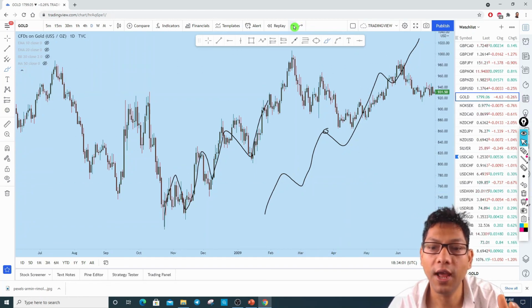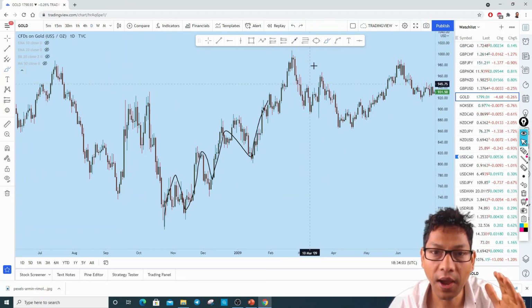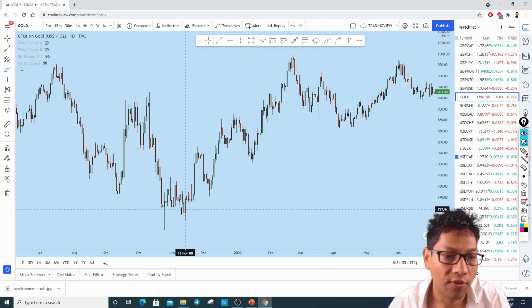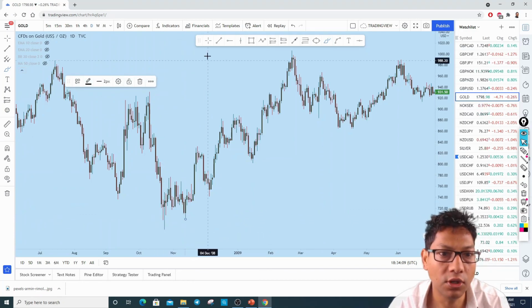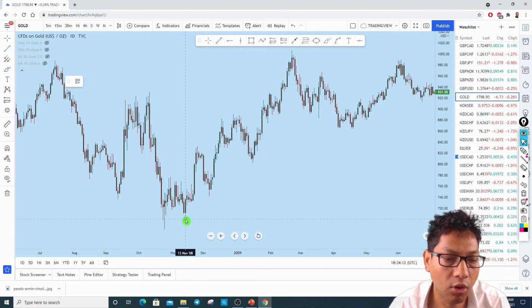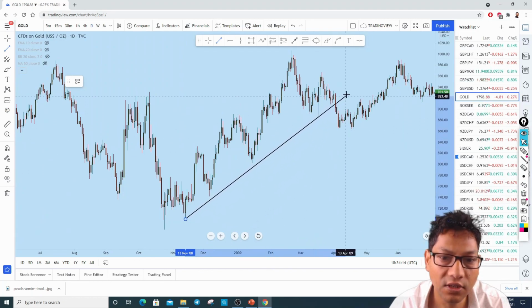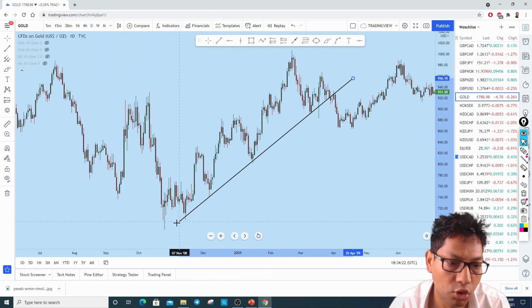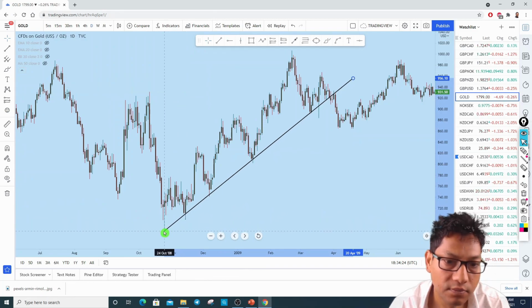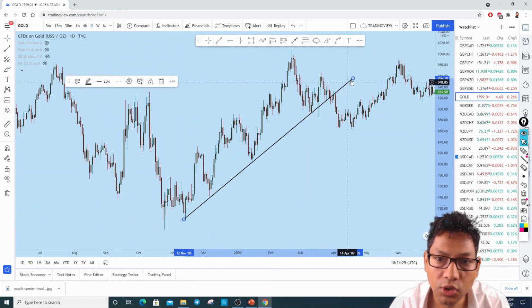So how do you draw an uptrending trend line? First you need to connect all the wicks, as many as possible, starting from here, all the lows of the candles. So starting from here, you need to connect all the wicks, as many as possible, like that, touching most of the wicks, so that you can find the lower zone.